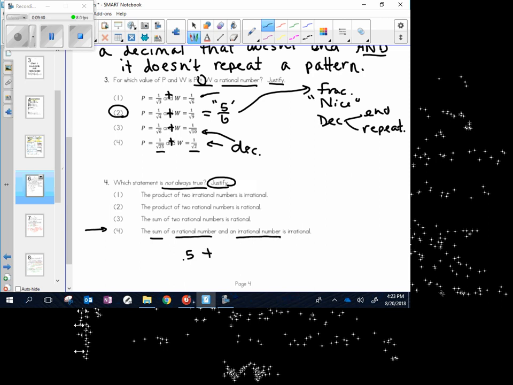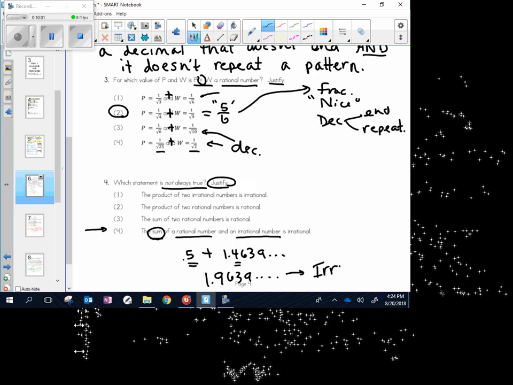So I'm going to add it, because it said sum, to something like 1.4639... some ugly decimal number that keeps going. So rational and irrational. When I get those added together, basically it's going to be 1.9, but I'm still going to have the 639... So I can tell that it will always end up irrational.